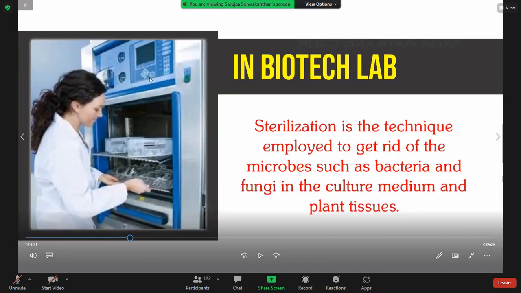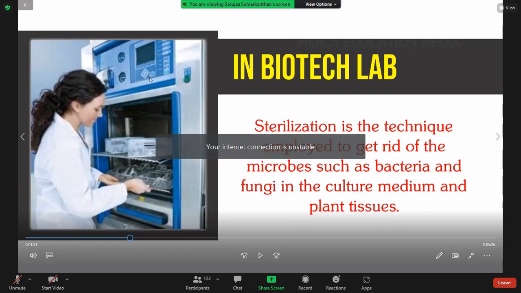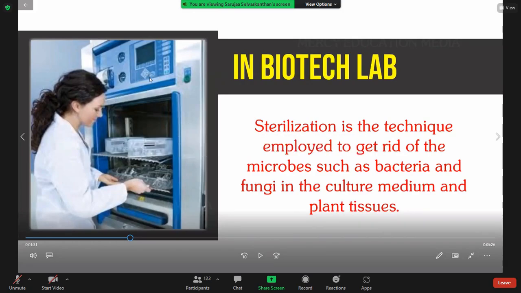She is keeping the glasswares into this. No, not autoclave. Dry oven. The glasswares and the tools are sterilized using the oven. Okay?